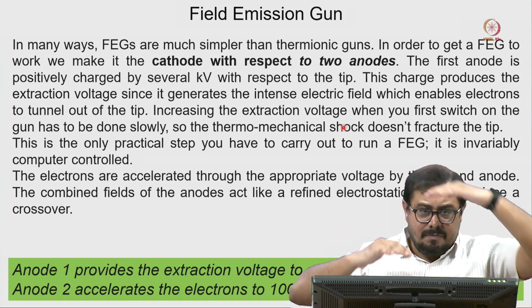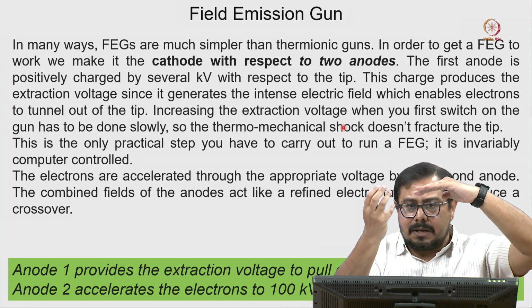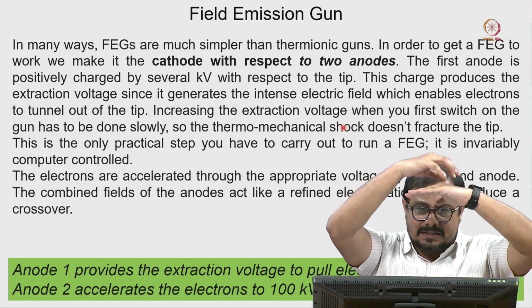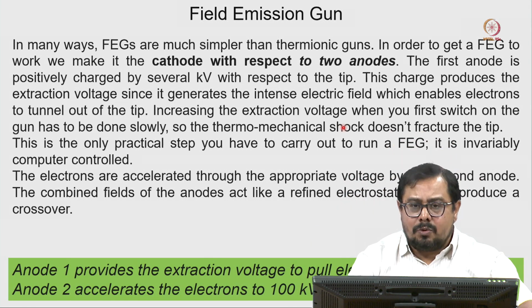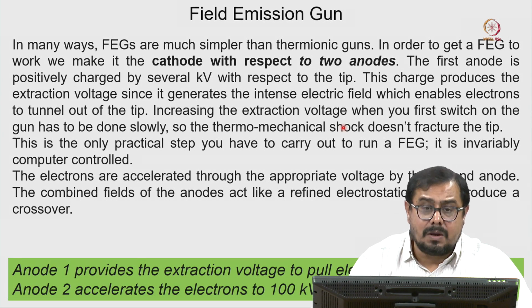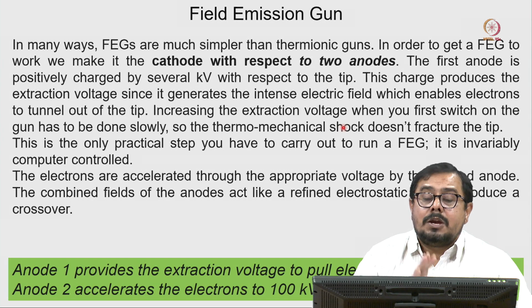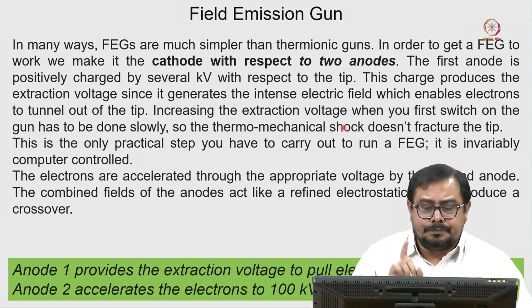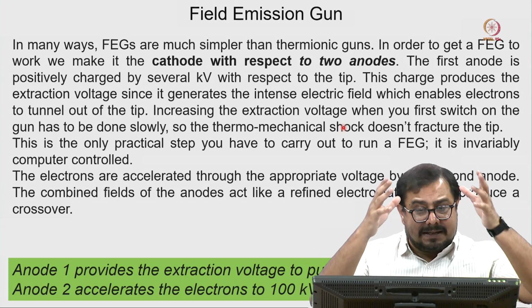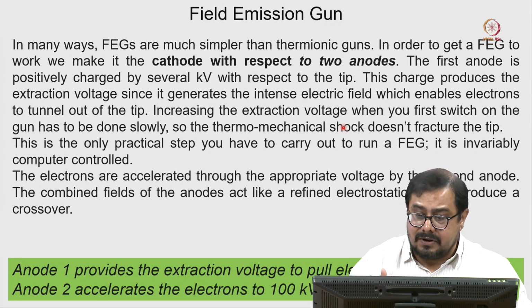If this is your column, you have to block it, open the gun and change the filament, and then fix the upper part of the microscope again, and then you have to get the actual vacuum. If you do not get the actual vacuum, it cannot generate a proper electron beam. Your brightness will be very low and your filament will be damaged. So, you can see it is time consuming, and very frequently you have to change the filament.